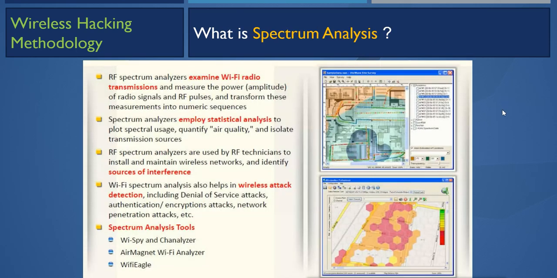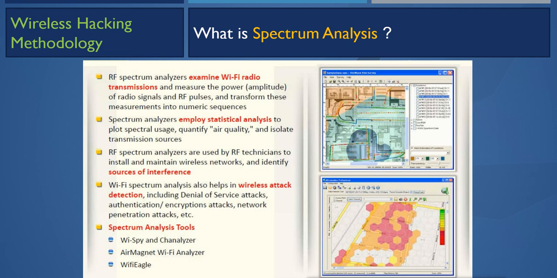Now, spectrum analysis. What is spectrum analysis? Radio frequency, because these wireless networks are all radio frequencies. RF spectrum analysis examines Wi-Fi radio transmission and measures the power and amplitude of radio signals and radio frequency pulses, and transforms these measurements into numeric sequences.